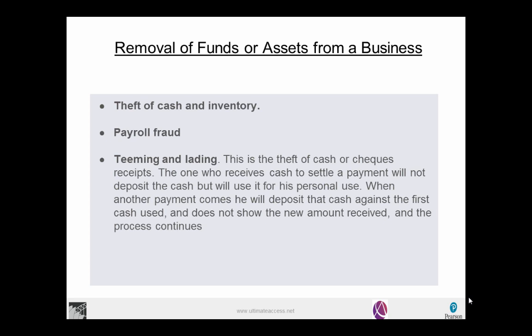What happens is that when Tom pays me that money, instead of clearing his balance, I put that money for myself. Now, when the next person who owes us, which is John, pays us, I will use the money that John paid us to clear the balance of Tom. So what are you trying to do here?